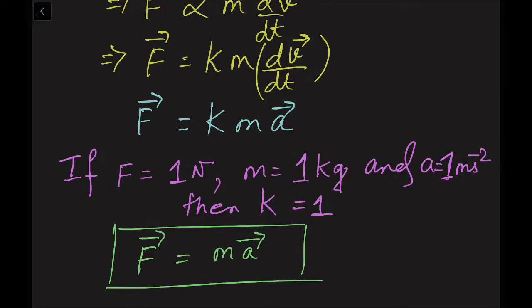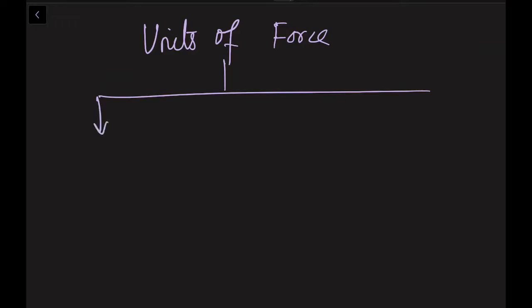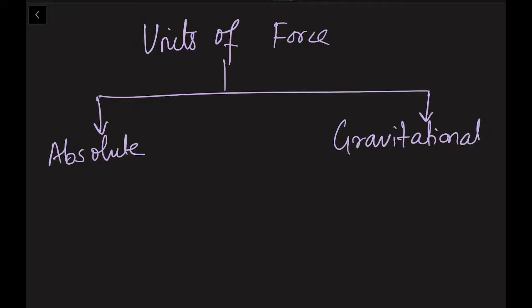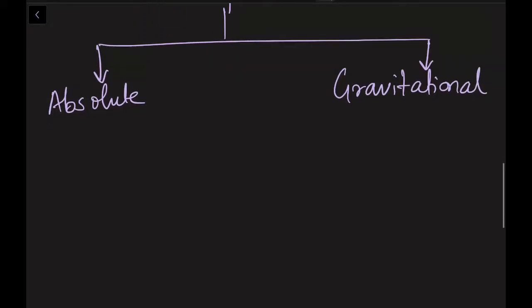Let us speak about units of force. So here there are basically two units. One is your absolute unit and other is gravitational unit. Under absolute unit you can again have SI unit and CGS unit.